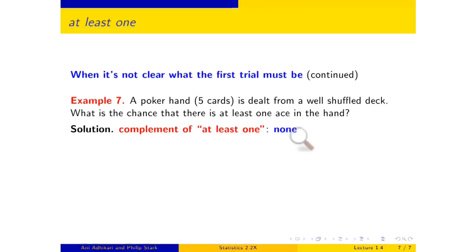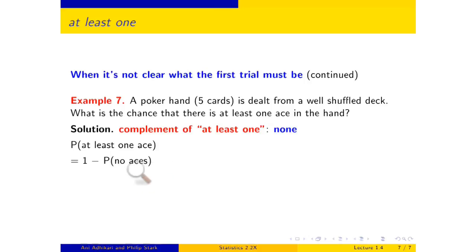Everything's a non-ace. So what we're going to do is we are going to calculate the chance of getting at least 1 ace as 1 minus the chance of the complement. 1 minus the chance of getting no aces at all. So now our job is to find the chance of getting no aces at all. So how do we do that?